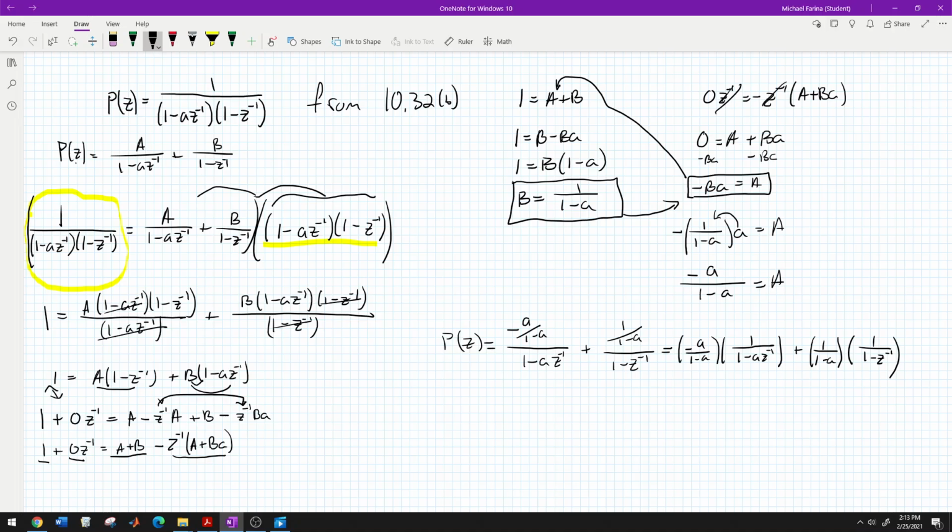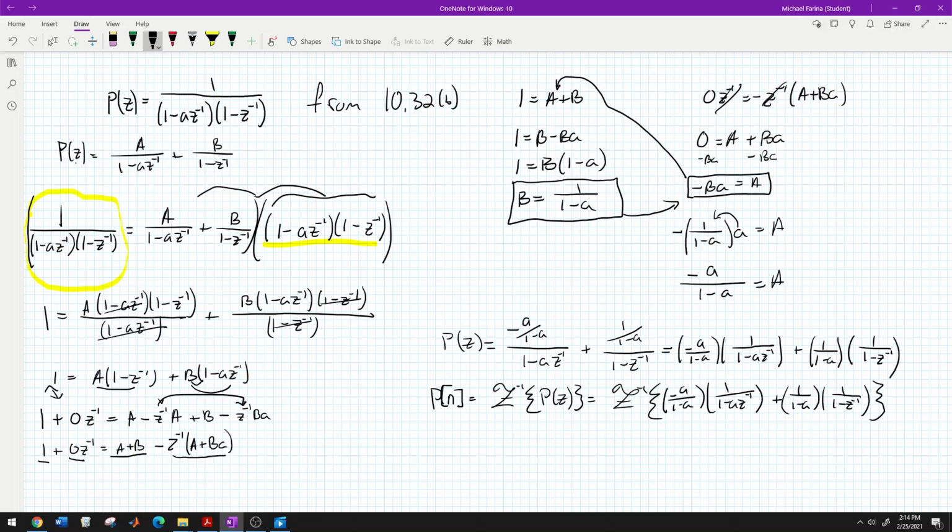And now when I go to find p of n, I do that by taking the inverse Z transform of P of Z, and then applying the principles of linearity: the inverse Z transform of a sum is the sum of the inverse Z transforms.